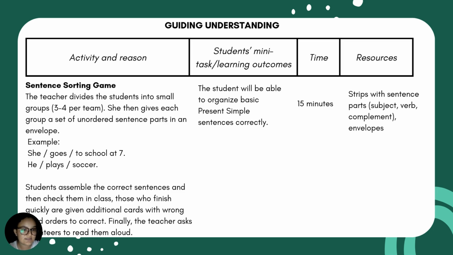So the students assemble the correct sentence, and then the teacher checks them in the class. So it's more organized. In the sentence, we use the pronouns, the verbs, and the complement, and we use the present simple.